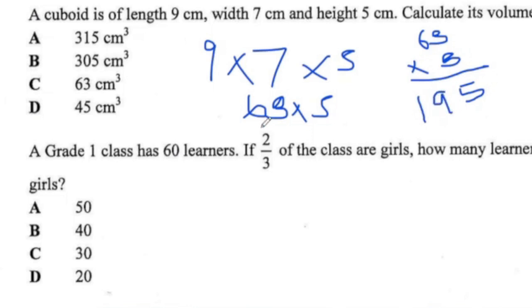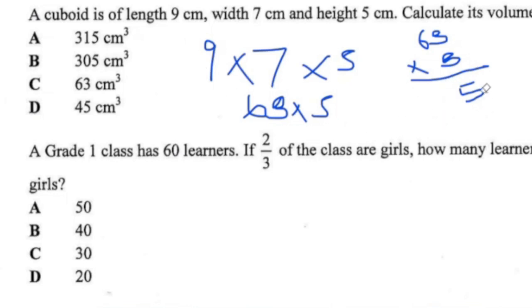So where is 195? Let me see. Is my calculation correct? Oh, this is 5. Oh, that's where I made a mistake. That's why I made a big mistake.